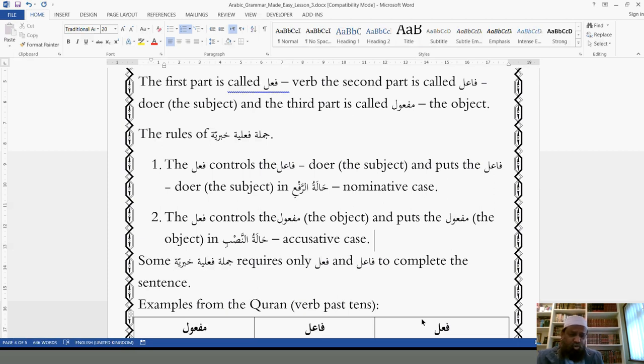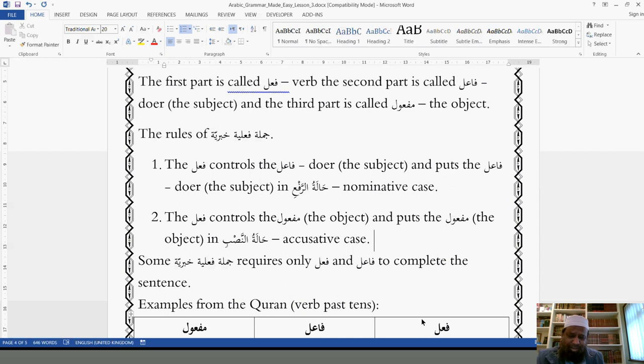So let's apply these 2 rules. We'll make jumla fi'liya examples from the Quran. The verb we're going to use is past tense at the moment. Just for example, the verb we're going to use is past tense. Okay.